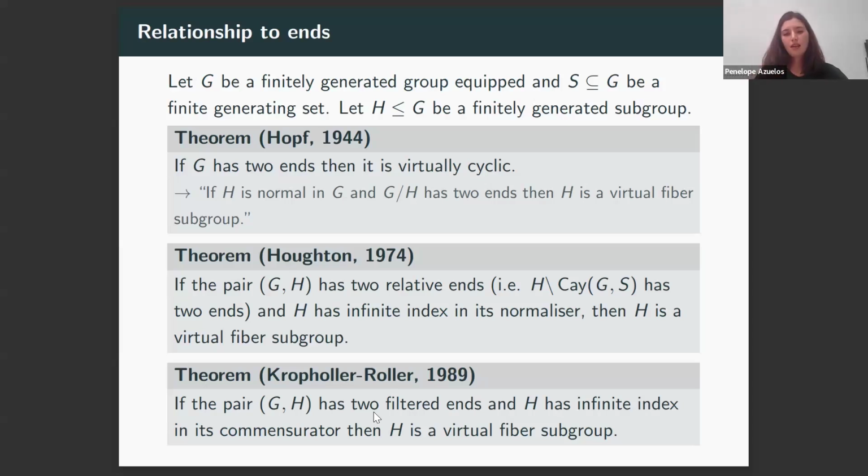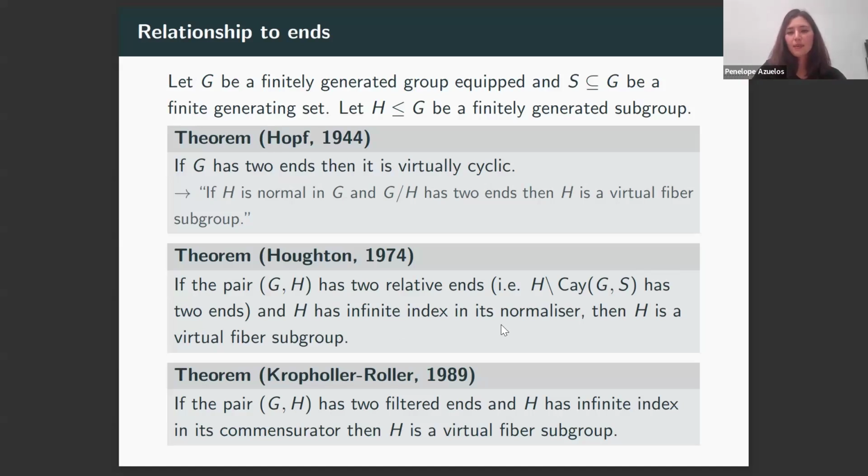And I guess the other pattern that should have emerged from this is that each time there's some kind of geometric assumption that's being made on the subgroup or on the quotient of the Cayley graph by the subgroup, and each time this is not enough to actually conclude anything, you need to assume something algebraic. And this extra thing, it's a real thing, like it needs to be there.